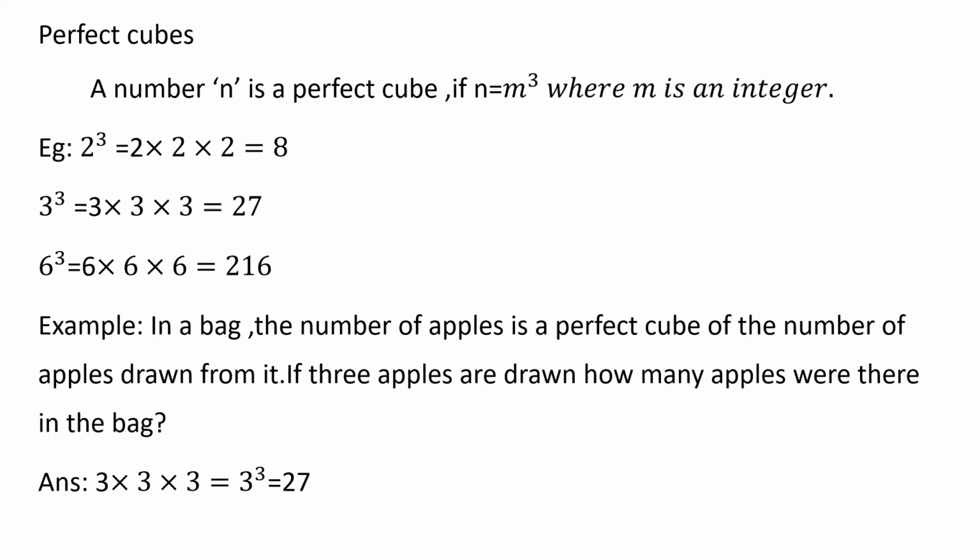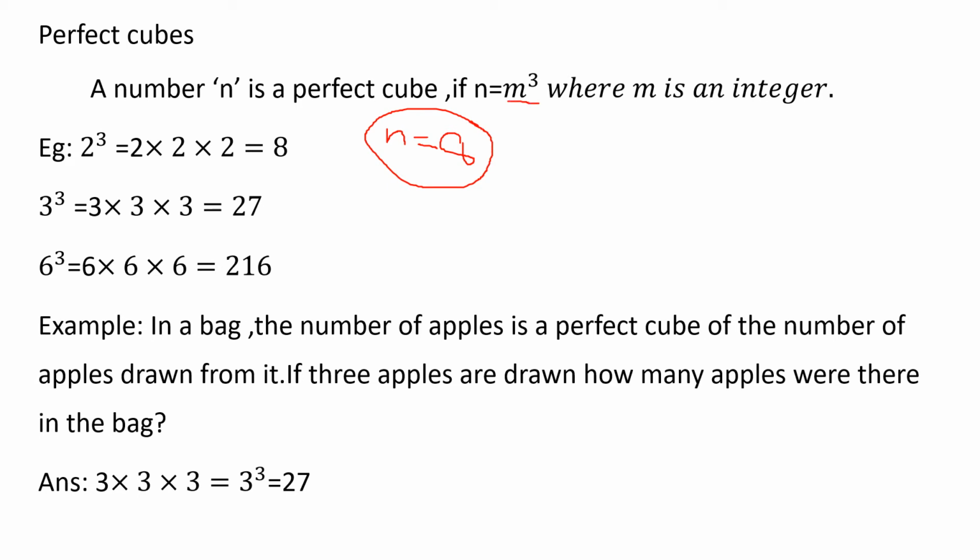Now the next topic is perfect cubes. You take a number n. I'm not mentioning a specific number, we'll take a common n. n is a perfect cube if n is equal to m cube. For example, I'm writing n is equal to 8.